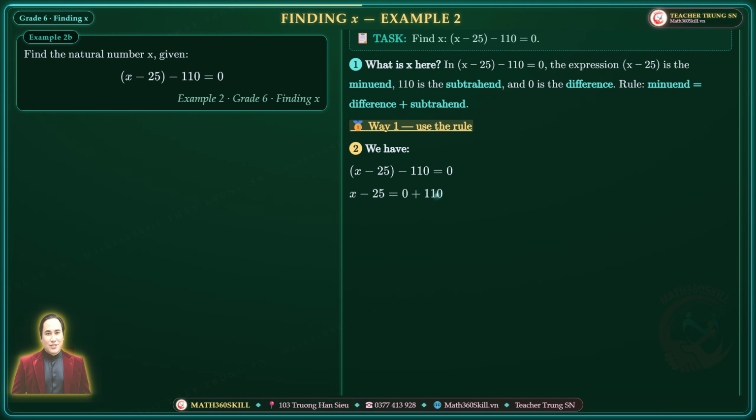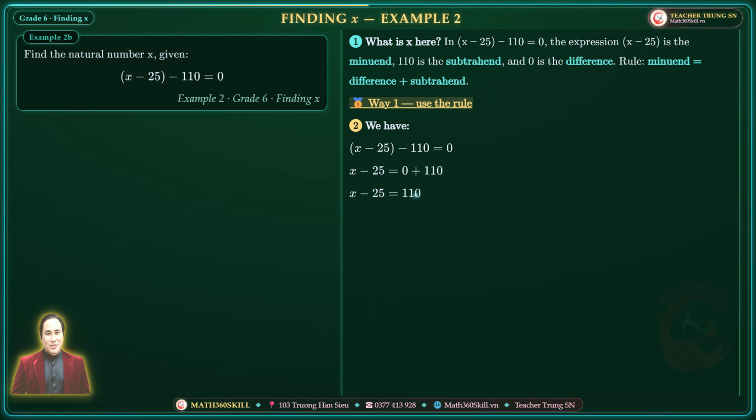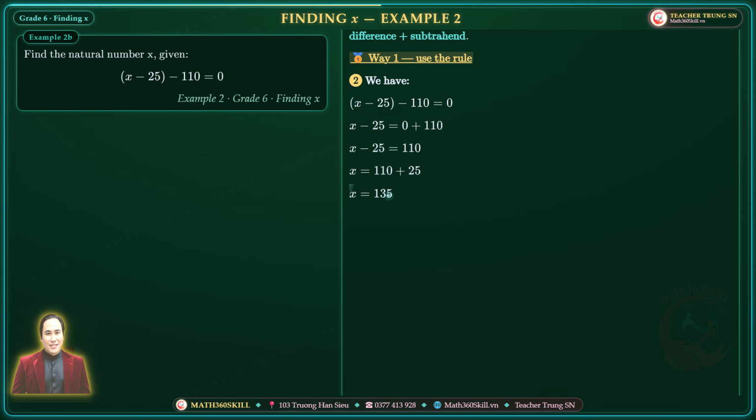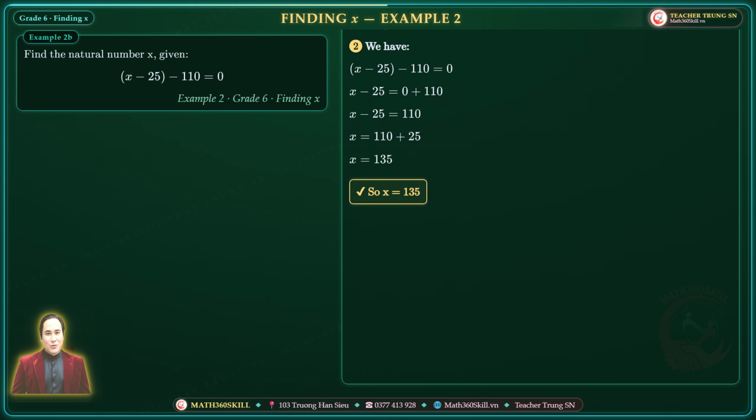So x minus 25 equals 0 plus 110. That is x minus 25 equals 110. So x equals 110 plus 25. And x equals 135. So x equals 135.